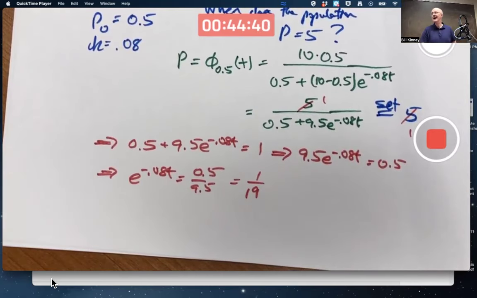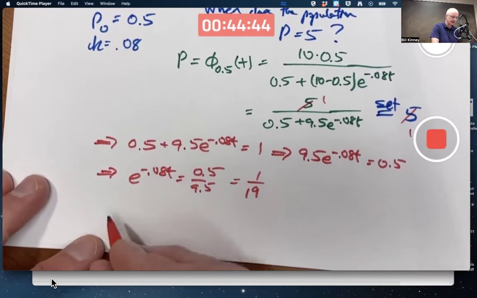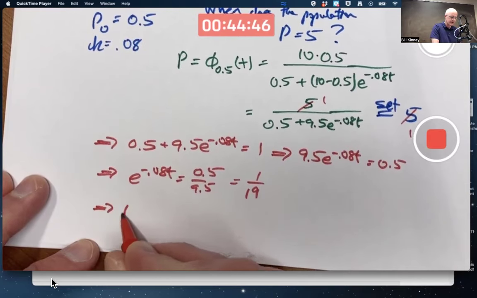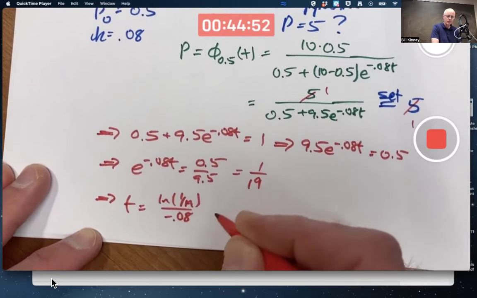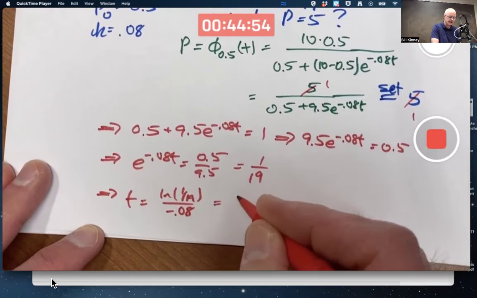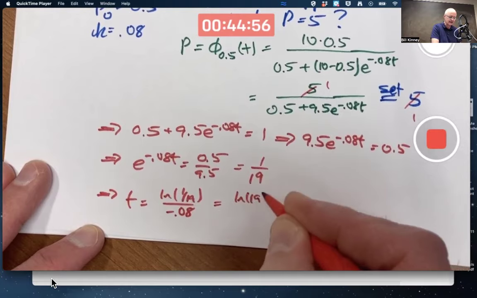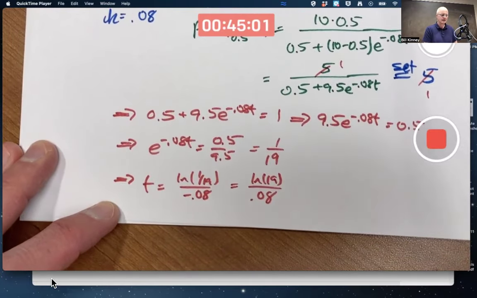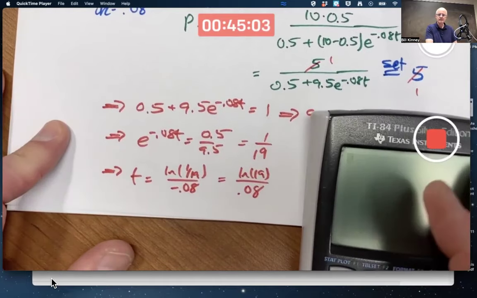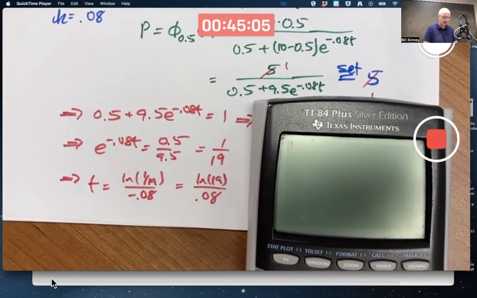Take the log of both sides, then divide both sides by negative 0.08. T can be written as ln of 1/19 divided by negative 0.08, which by properties of the logarithms is the same as ln of 19 divided by positive 0.08. If you're ever unsure of that, is that really right?